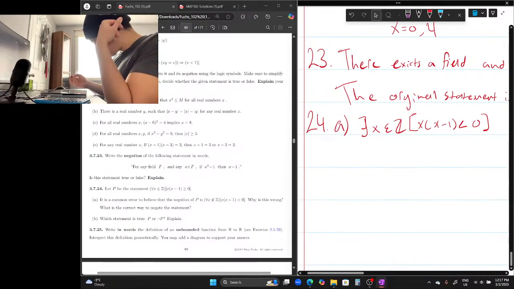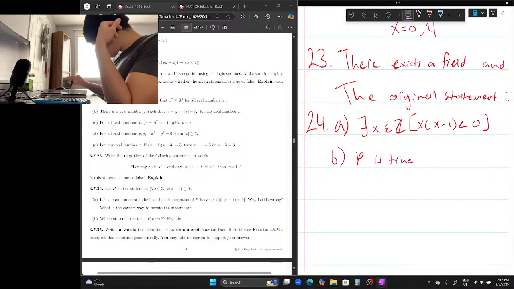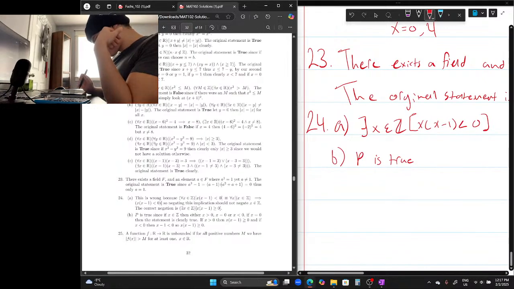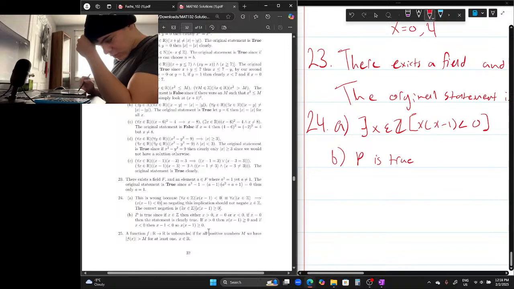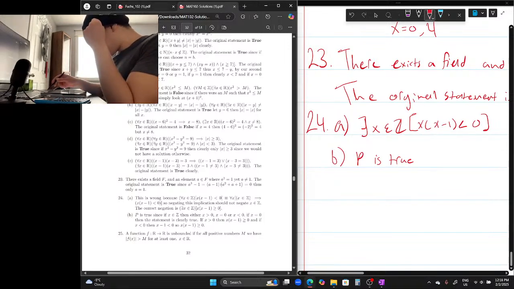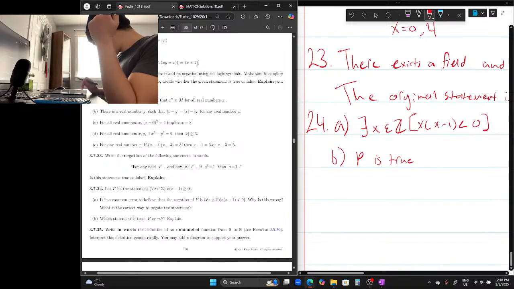The p is true then. Yeah, since if x is greater than 0, either x is equal to 0 or x is less than or equal to 0. If x is equal to 0, then the statement is clearly true. Alright.